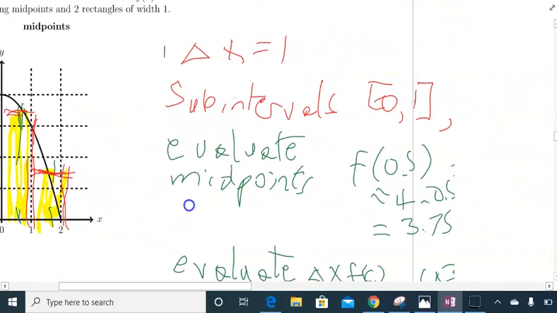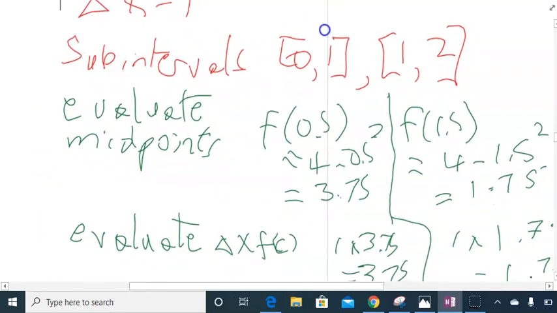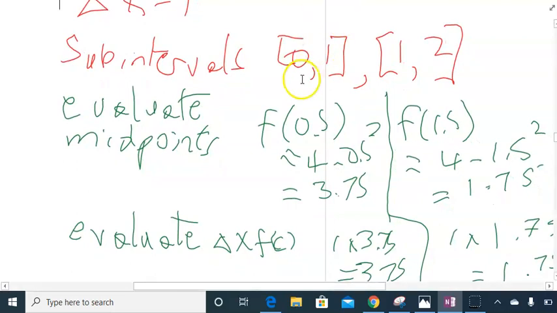Okay, now your subintervals are still the closed intervals 0 to 1 and 1 to 2. So I want to evaluate f of 0.5 and f of 1.5. Why? Because these are our midpoints, the midpoint between 0 and 1, and the midpoint between 1 and 2.